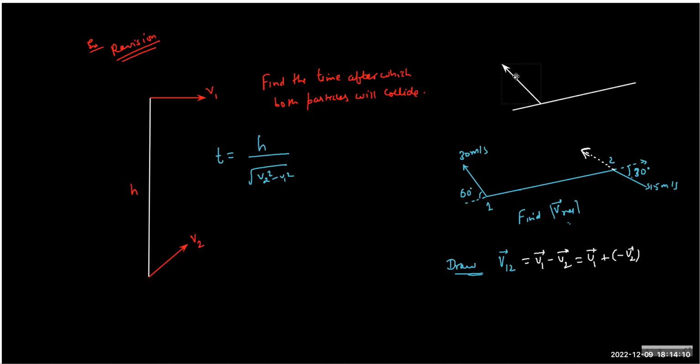V2 is 60 degrees from this line, and this is V1. So we have to add minus V2, which means we reverse it and add, and then join tail to tail. It will look like this, because this is 30 degrees.